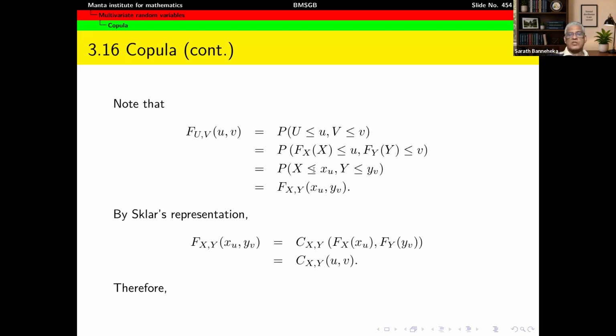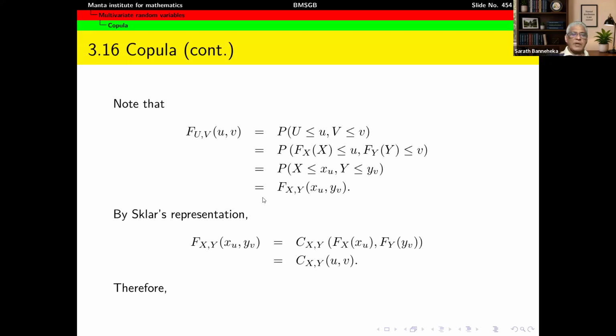So now this is actually the same as the joint cumulative distribution function of X and Y evaluated at the point (x_u, y_v). Right. So in one way, we have proved that the joint CDF of U and V evaluated at the simple u, simple v is equal to this expression.